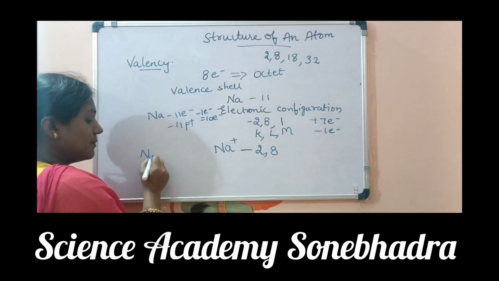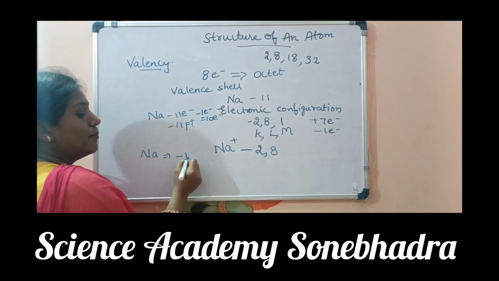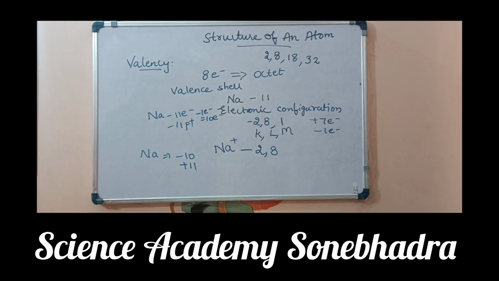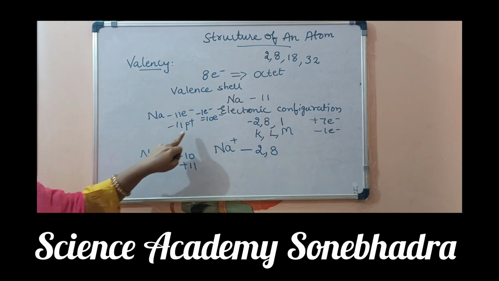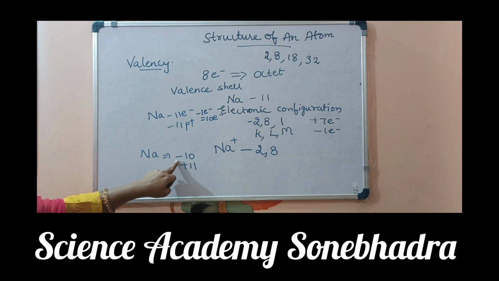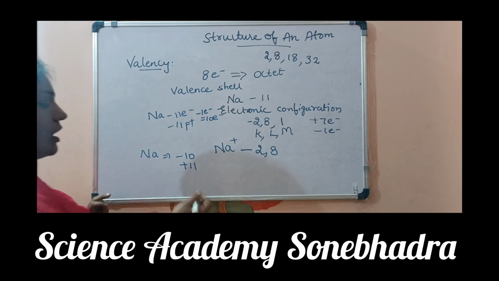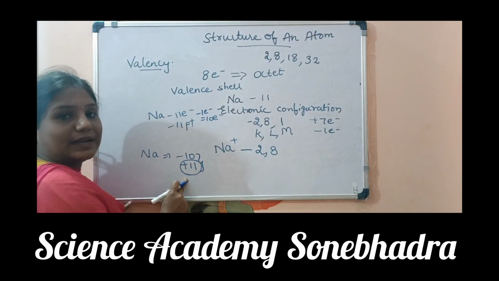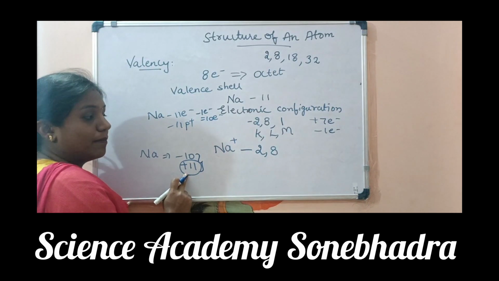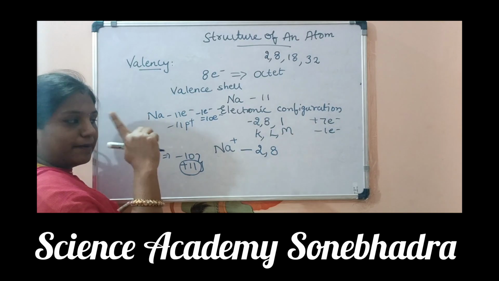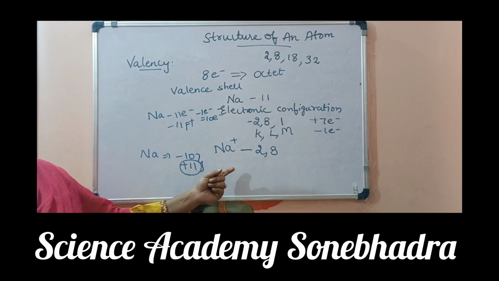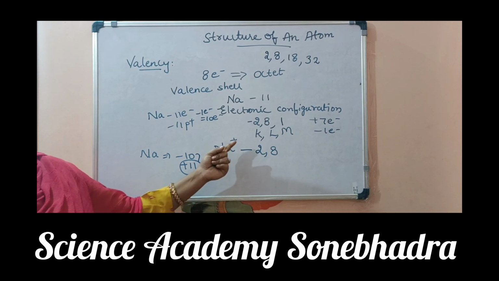That means sodium now has 10 electrons, 11 protons, so 10 minus charge and 11 plus charge. Now the plus charge, that is protons, is dominating. It is more by just one. So it gets plus 1 upon itself, and it forms Na+.